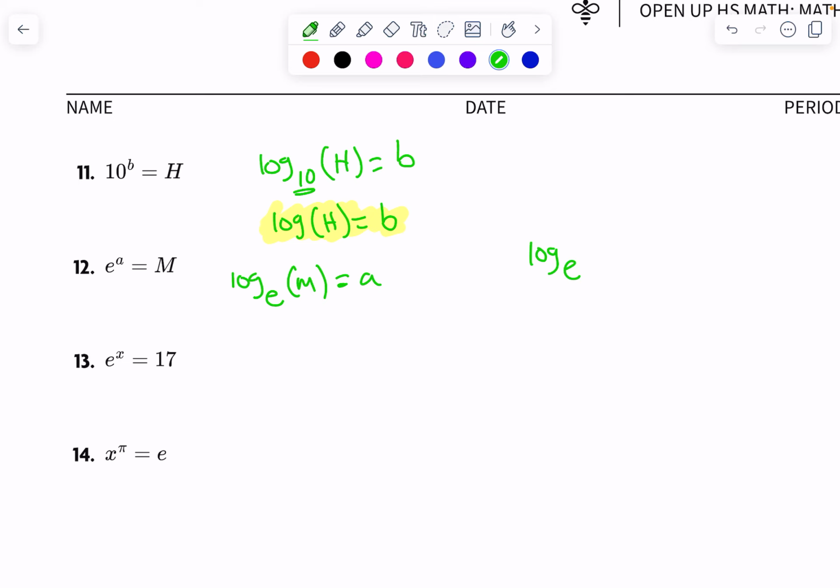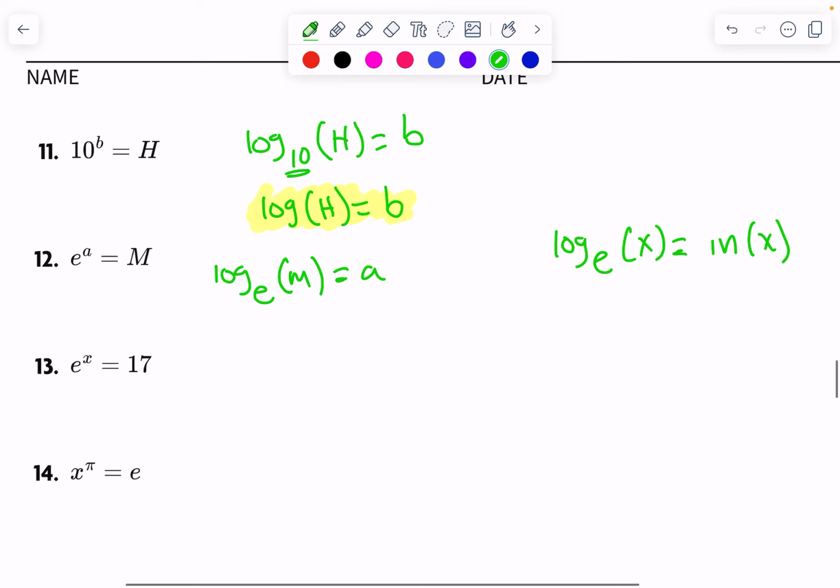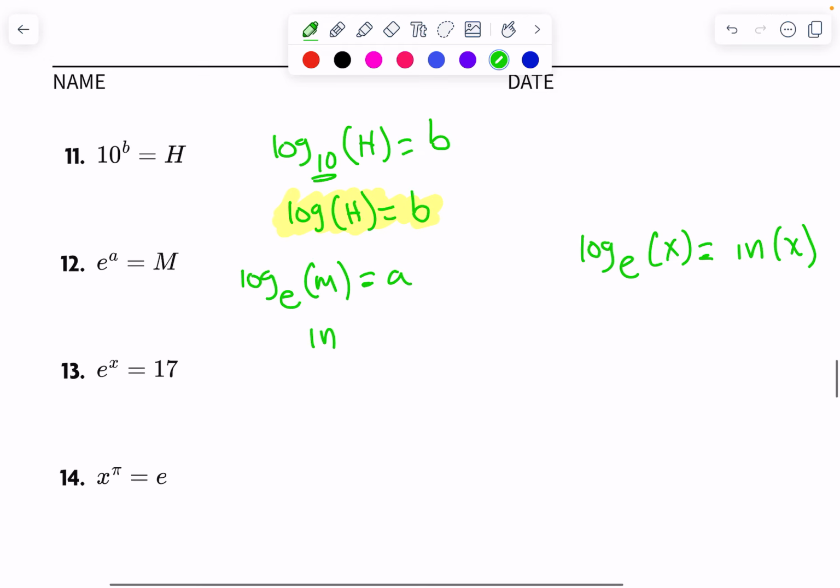Log base e of x is equal to what? ln of x, right? So then here we can write this as ln of m equals a. And this is how you should write it. These two are equivalent statements, but the importance of e cannot go unnoticed, okay?